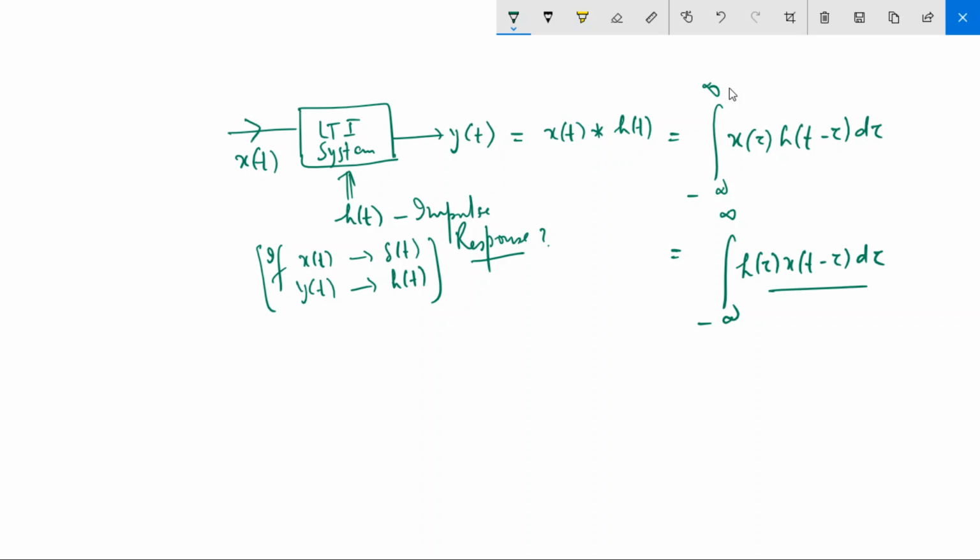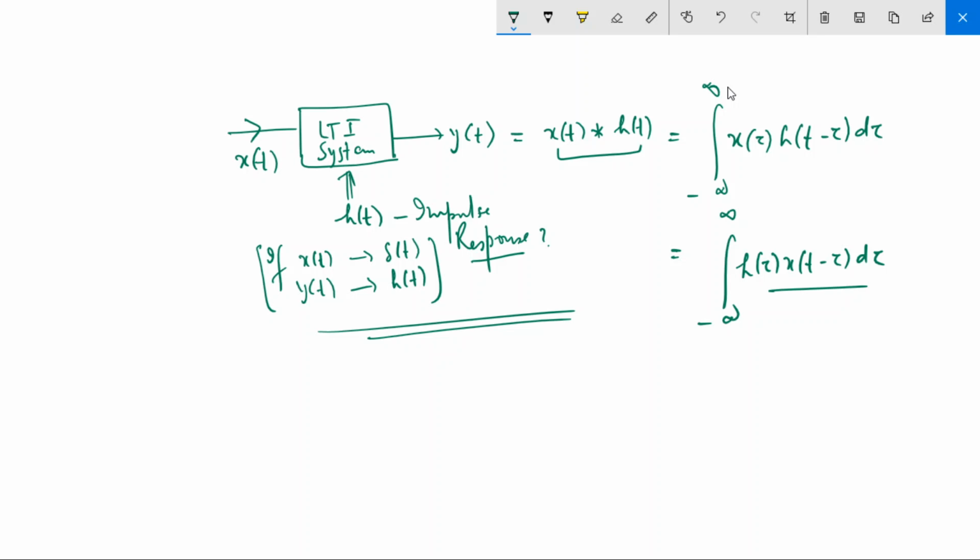When you find the convolution of two signals, you know there are four basic operations. We first fold one signal, then we shift it, then multiply, and then integrate. That is how you get the convolution of the two signals. This is the basic concept of how you find the response of an LTI system.